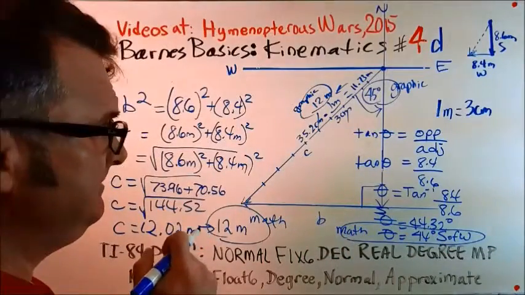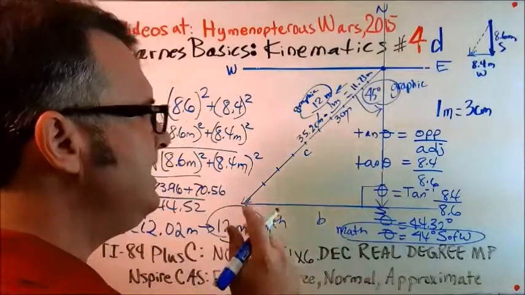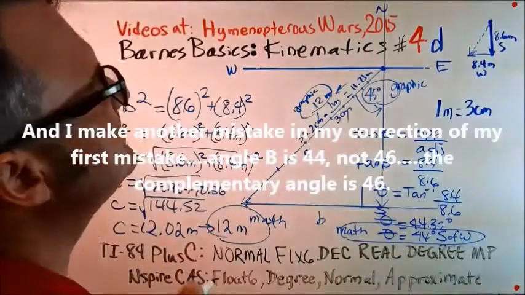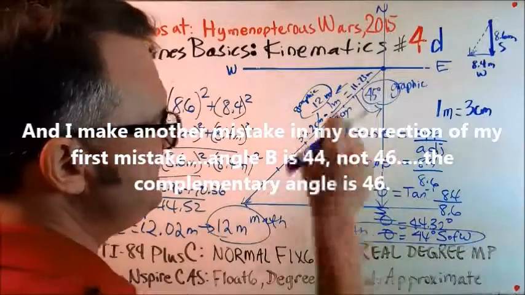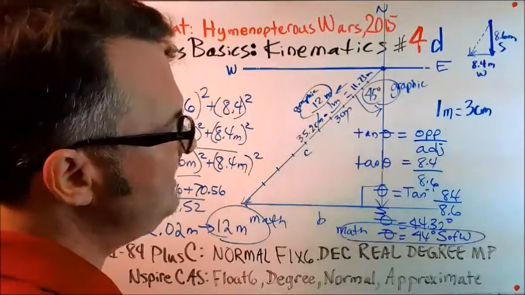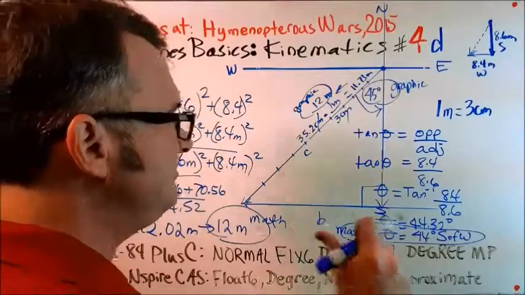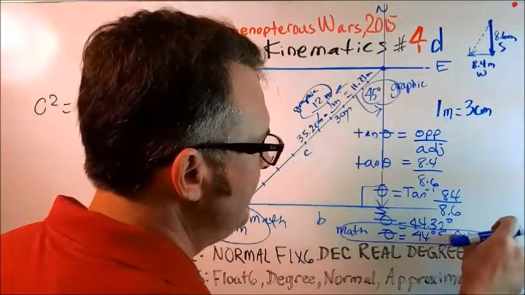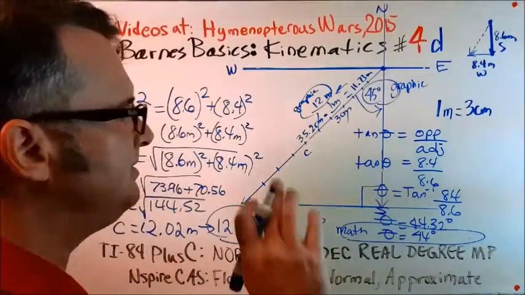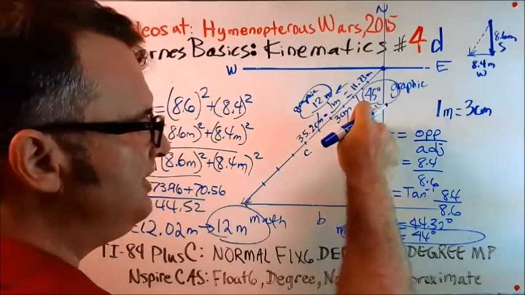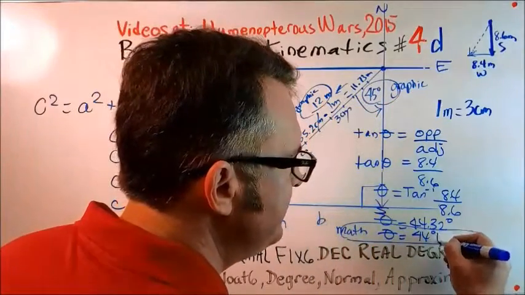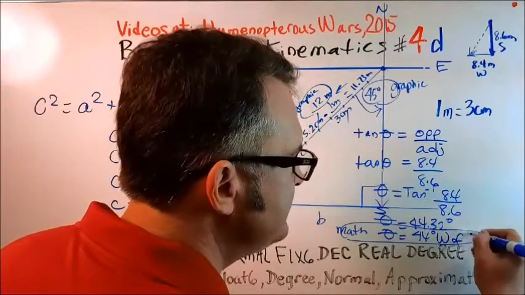Okay, I kind of made a mistake here. This is a common mistake. I determined this angle to be 46. So this angle here, south of west, is actually 46. So let's go back and get this right first, and then we will tweak it. It's 44 degrees west of south.